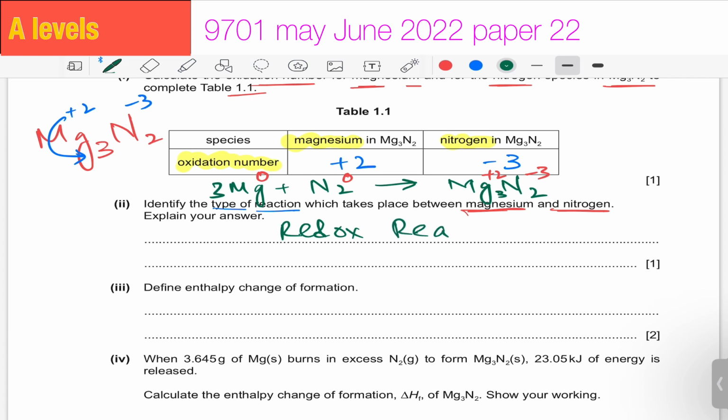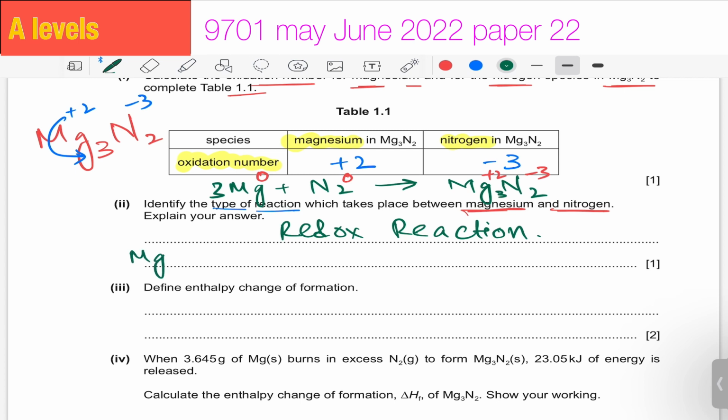Redox reaction. So the reaction between magnesium and nitrogen to form magnesium nitride is a redox reaction, because magnesium is losing electrons and nitrogen is gaining electrons. Or you can write the answer in terms of oxidation states as well.